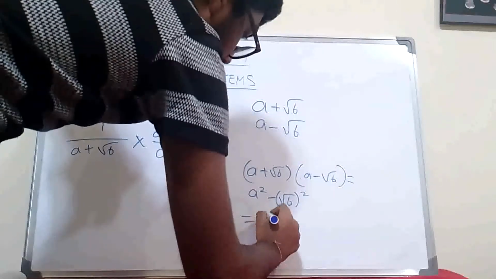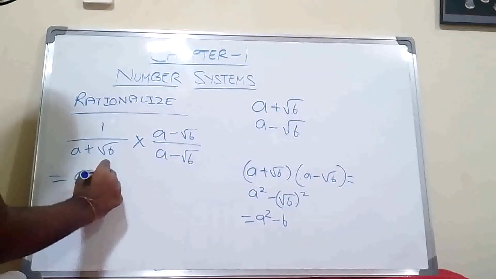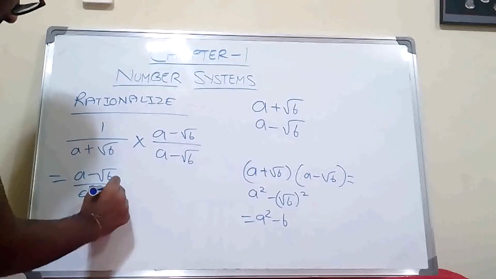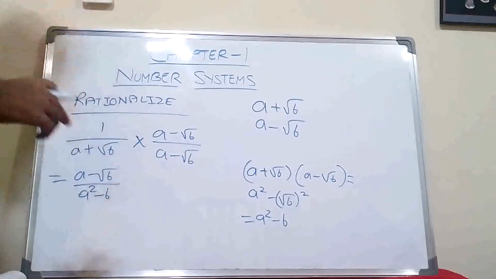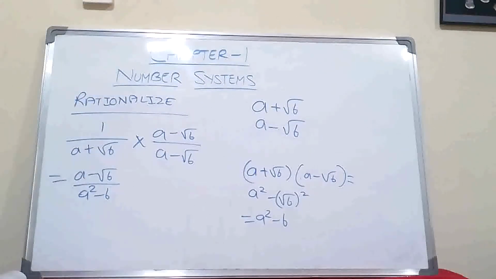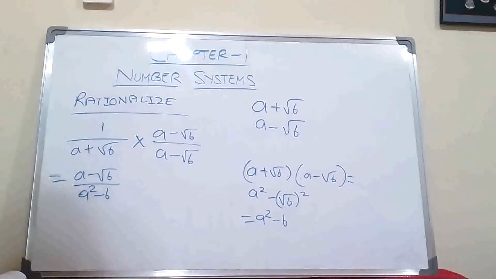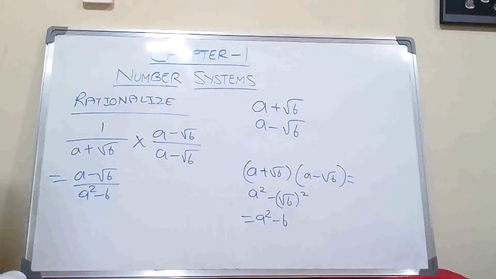So we will get the answer as a minus root b by a square minus b. So this is what we get after rationalizing it. This is called rationalizing the denominator. So in this we see that normally we cannot leave the denominator in a root form. We have to multiply and divide it with its conjugate, so that the numerator becomes the root form and the denominator is left with a rational number.